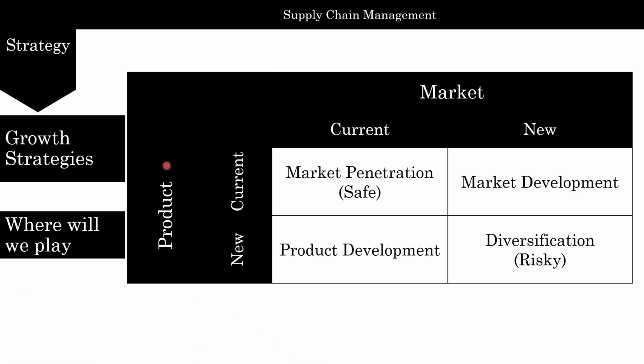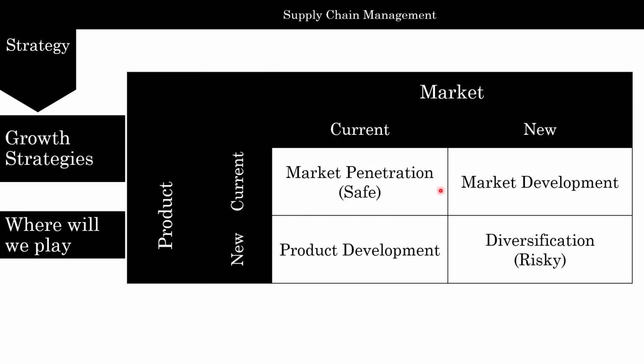So if you have a current market and your product is current, we are looking at market penetration. This is mostly a safer strategy where you're taking less of a risk and you're trying to expand the market with the products that you already are in.